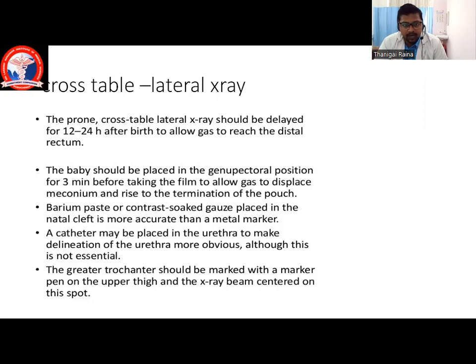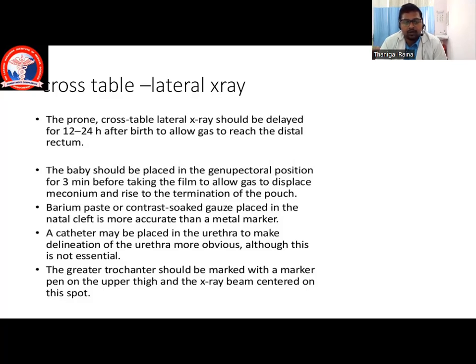Coming to the cross table lateral X-ray, the prone cross table lateral X-ray should be delayed for 12 to 24 hours after birth. This allows the gas to reach the distal rectum. The baby should be placed in the genupectoral position for 3 minutes before taking the film, to allow gas to displace meconium and fill the termination of the pouch.